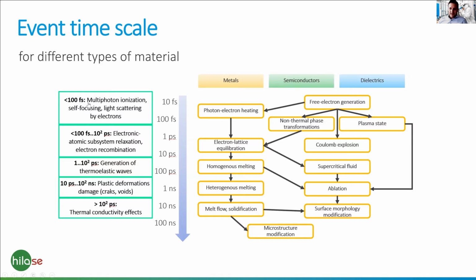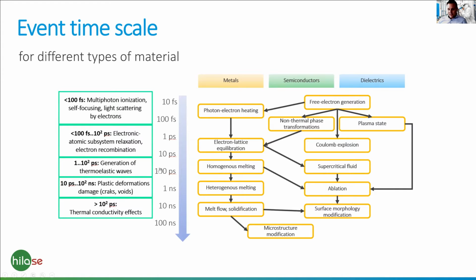This is happening in the sub-picosecond regime. When we continue with the exposure, we can see electronic and atomic subsystem relaxation, when the electrons release the energy they gained from the photons and they recombine.